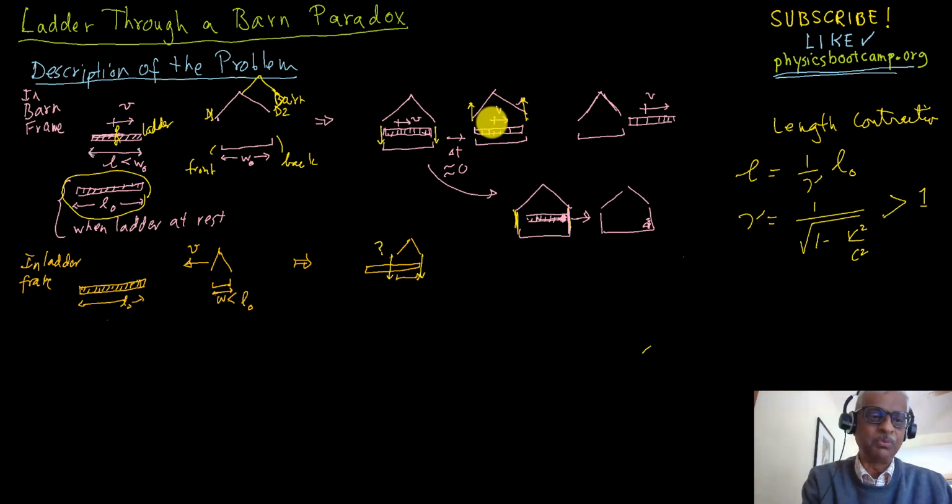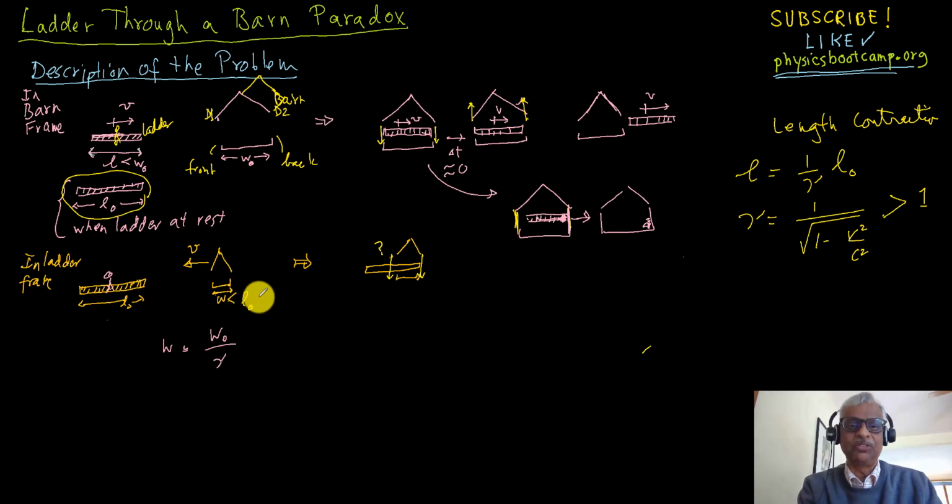However, the problem comes when you look from the perspective of the ladder, someone riding the ladder. The ladder is at rest, and the barn is coming at it. Over here, W is W0 over gamma, and gamma can be large, so that no matter what the width of the barn was, it can be made smaller than the length of the ladder.